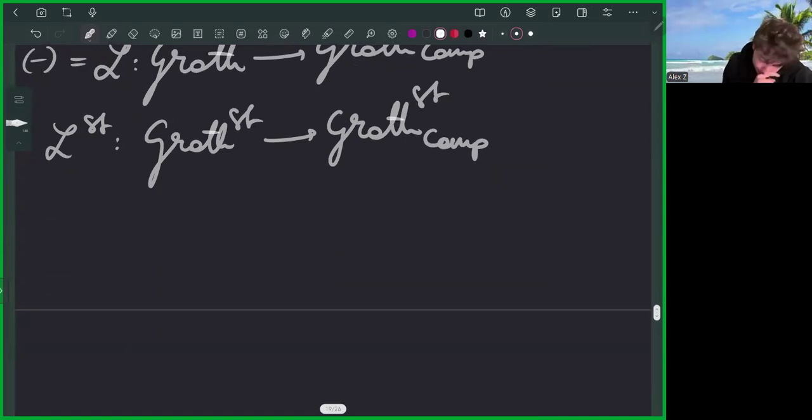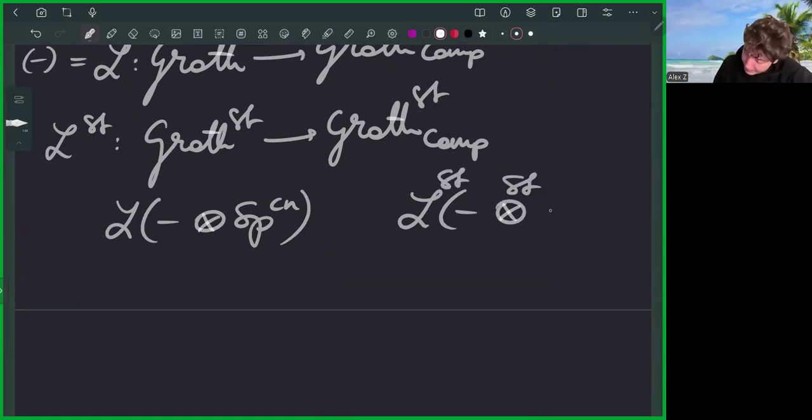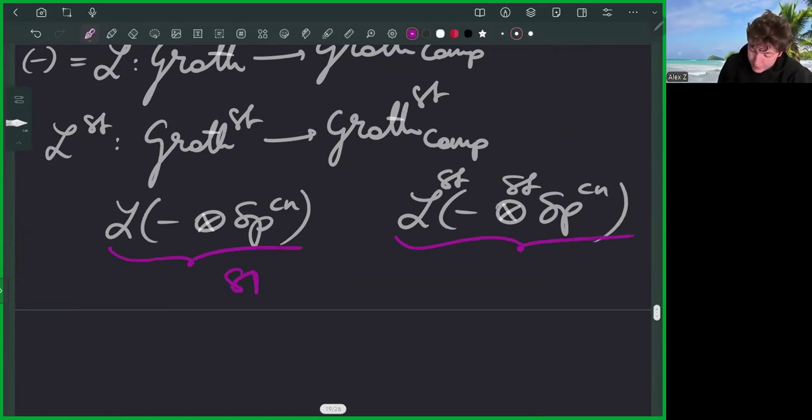And when you consider, instead of the previous functors, LSPCN or LST, so ST SPCN, these again preserve finite colimits, plus symmetric monoidal.